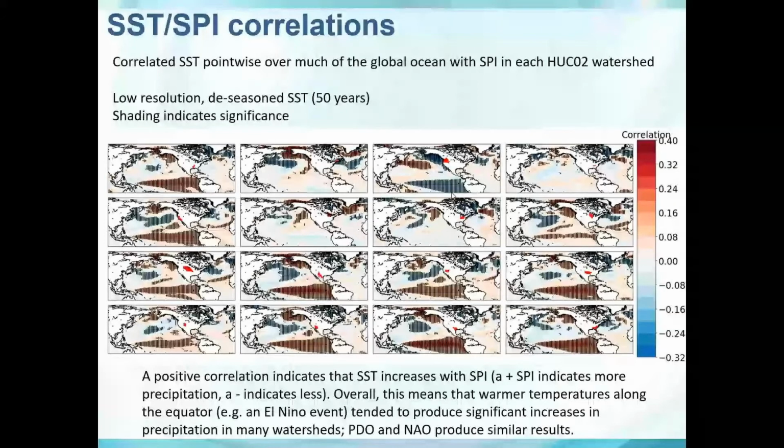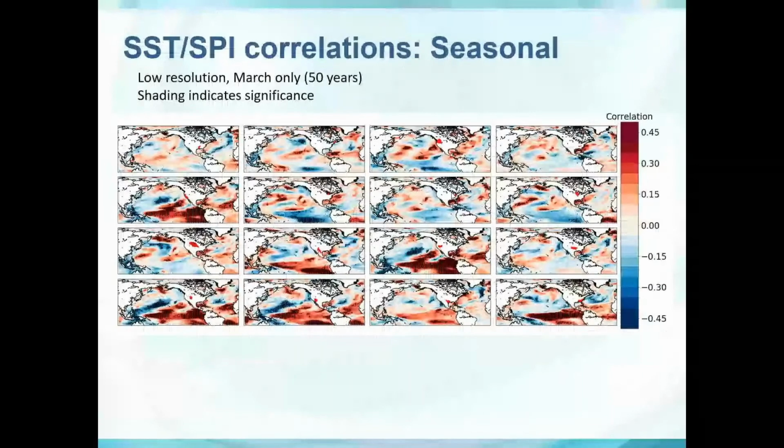So we wanted to see what happens when we don't remove the seasonal cycle. This slide and the next one are going to be showing March and September correlations. This one is showing March, and it's basically the same figure as the previous one without the seasonal cycle removed. So it's showing March of all of the 50 years. And overall, you can see that it looks similar.